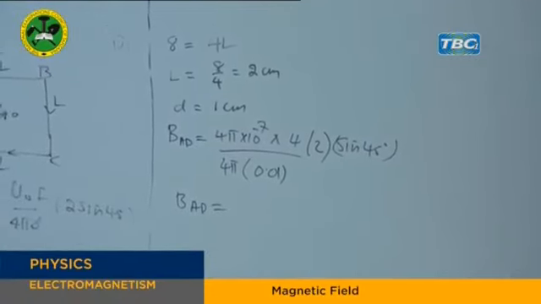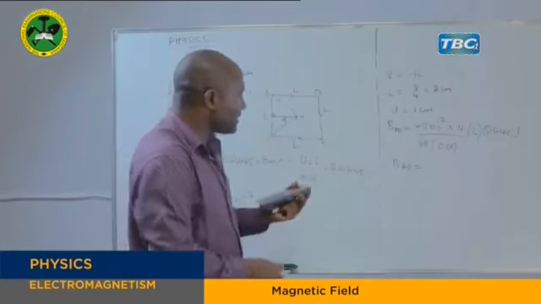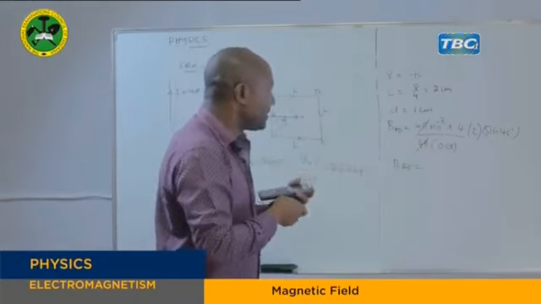So you have the value of the magnetic flux density. Use a calculator. Let's go together. By the way, pi and pi cancel out, 4 pi, I mean.